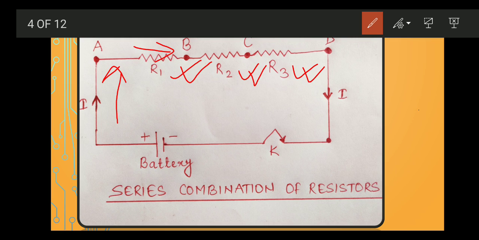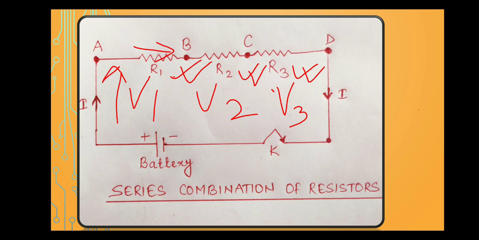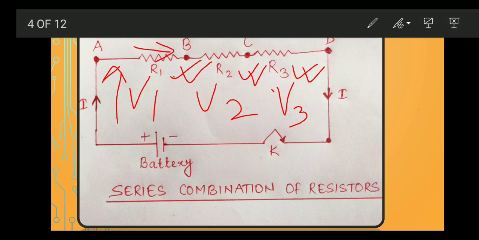Across resistor R1, we have potential difference V1. Similarly, across resistor R2, we have potential difference V2, and across resistor R3, we have potential difference V3. So, this is another important point related to the series combination of resistors.